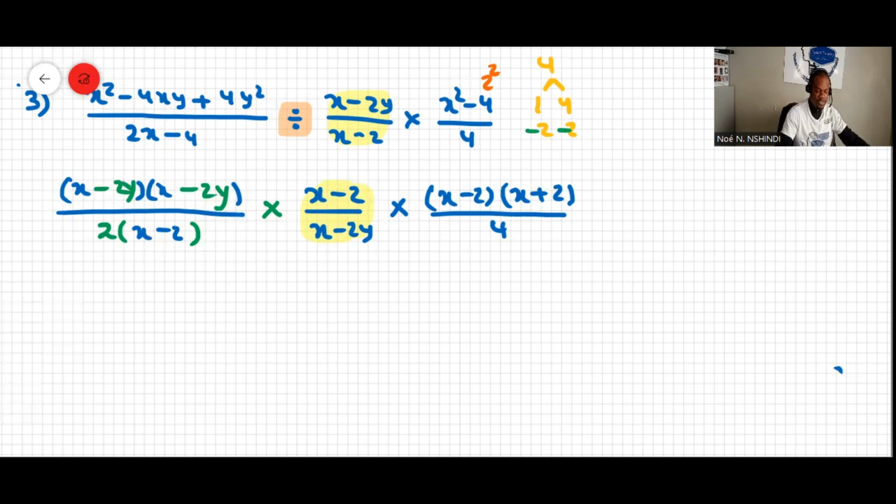Then we can simplify this with that, and this with that, and the answer must be, we are left with x minus 2y, and then x minus 2, x plus 2, all over 2 times 4 is 8. So now we have simplified this fraction.